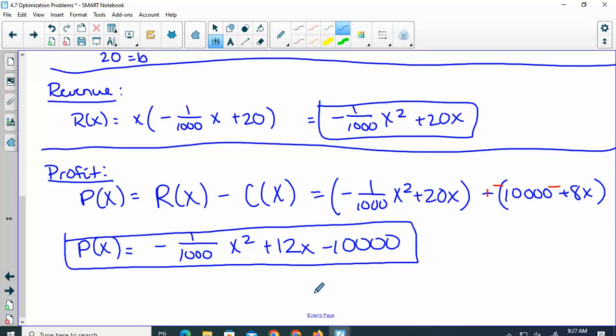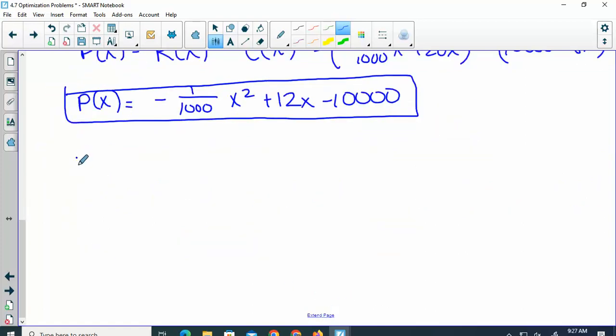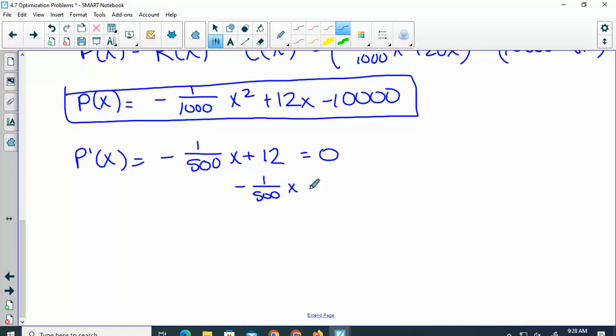How do we maximize or minimize? We take the derivative. So if the 2 comes down, negative 2 over 1,000 or negative 1 over 500. Derivative of 12x would be 12, and we need to know when this would equal 0. Multiply over my negative 500.